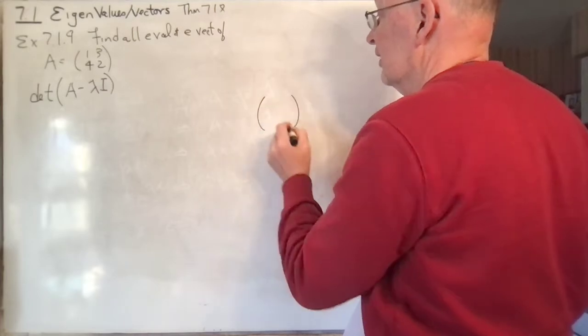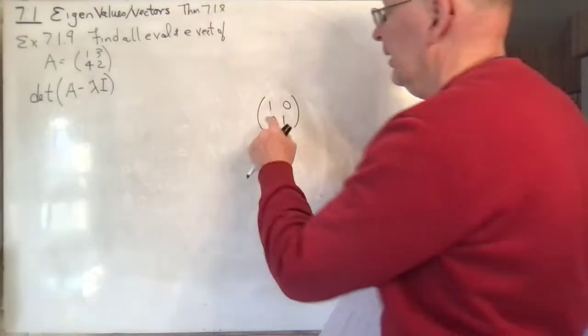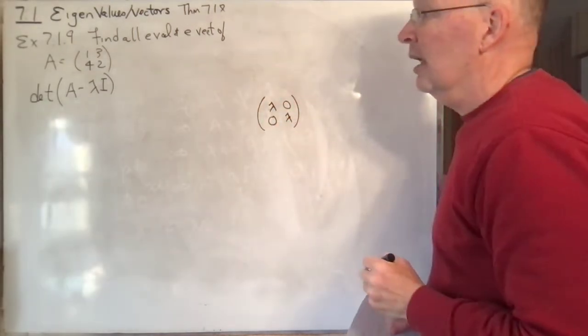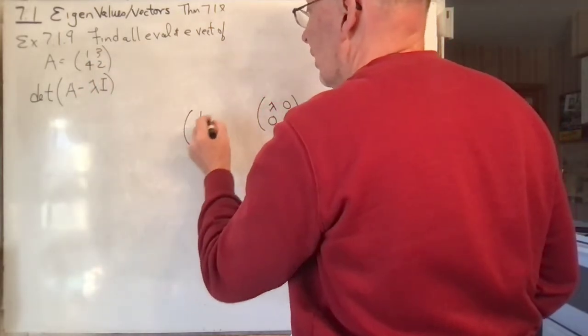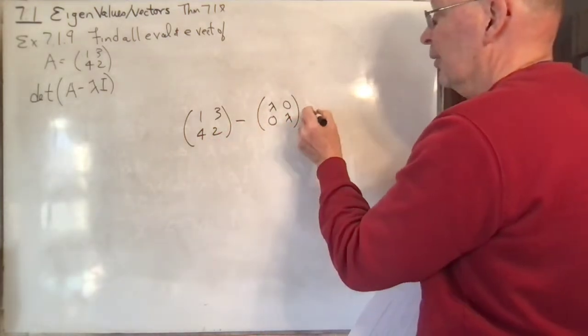I is the matrix that looks like this. If I multiply it by lambda, then I've just got lambdas there. And now I'm taking this matrix right here, and I'm subtracting this one.